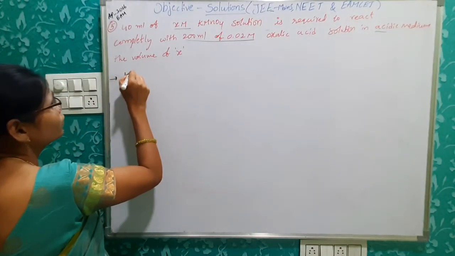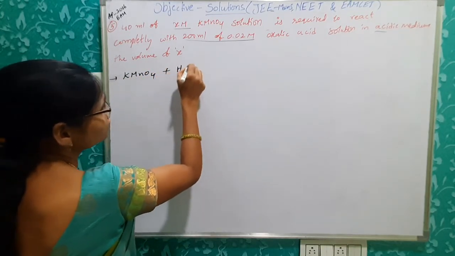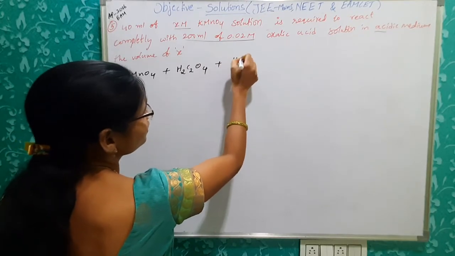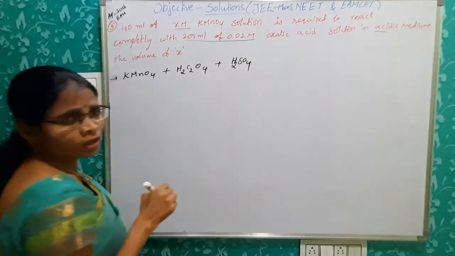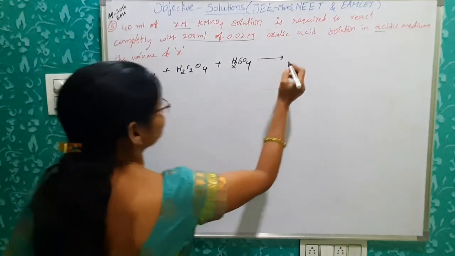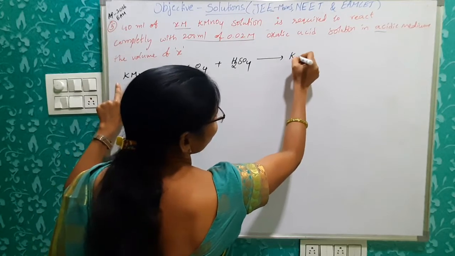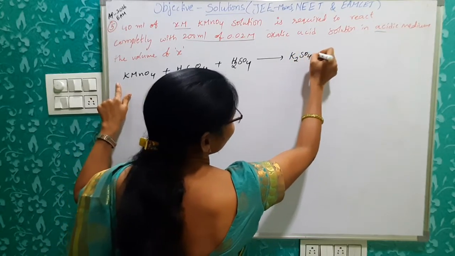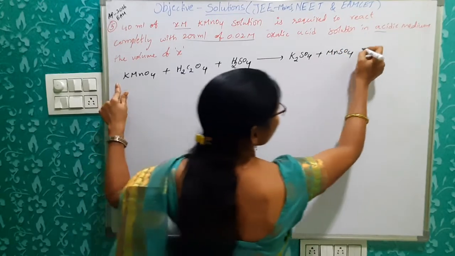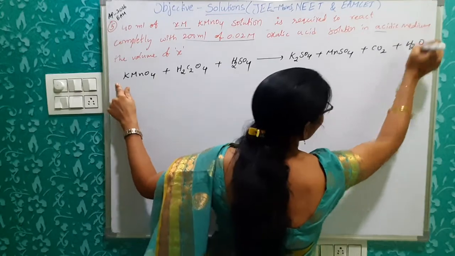KMnO4 reacts with oxalic acid H2C2O4 in acidic medium, meaning we have to take sulfuric acid. They react together to give potassium sulfate, manganese sulfate, CO2 plus H2O.